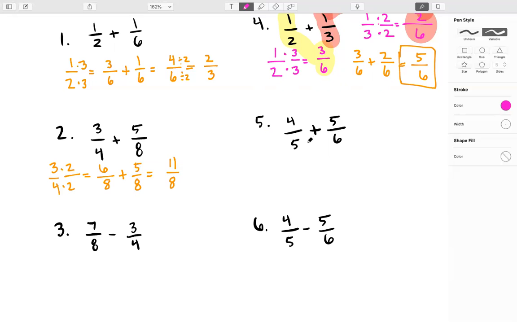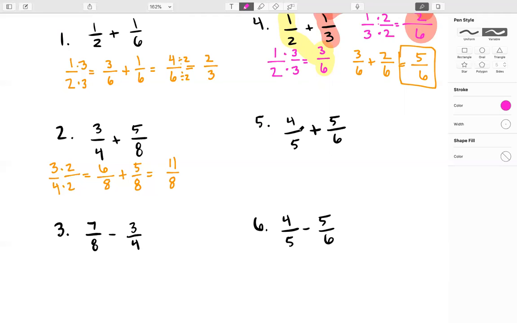4/5 plus 5/6. Again, we have different denominators, but we're going to have to operate on both fractions to get them to have a common denominator. This one might be a little tricky for those of you who are new to this, so you can pause it and see if you can figure it out yourself before I do it.